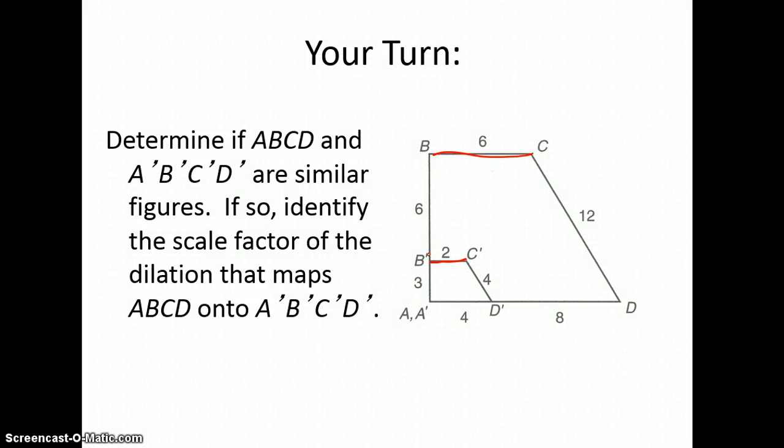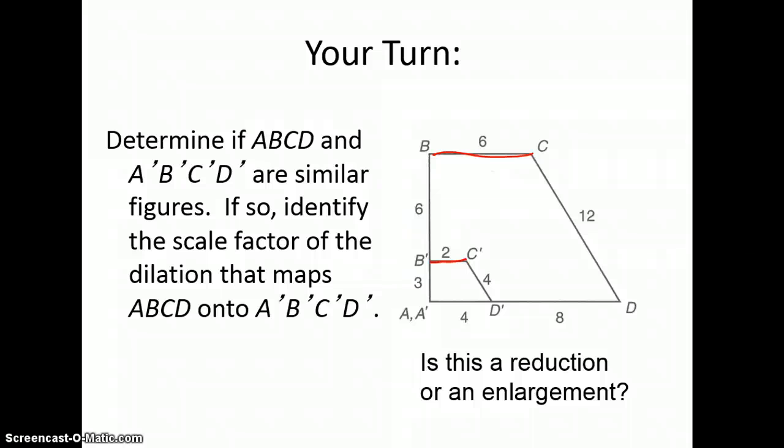What's the scale factor? So, are they similar? What's the scale factor if they are? And then tell me, is this a reduction or an enlargement? Did we reduce our original figure or did we enlarge it? Pause the video and answer this question in the work section of your WSQ. Then hit play.